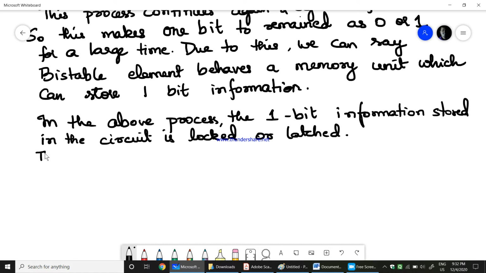Therefore this circuit is referred to as a latch.